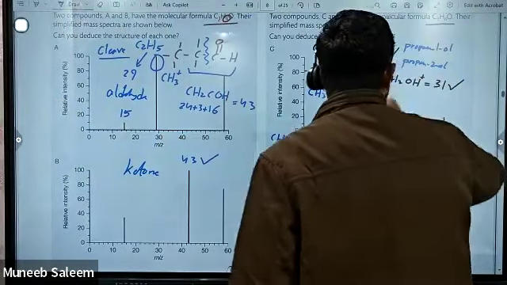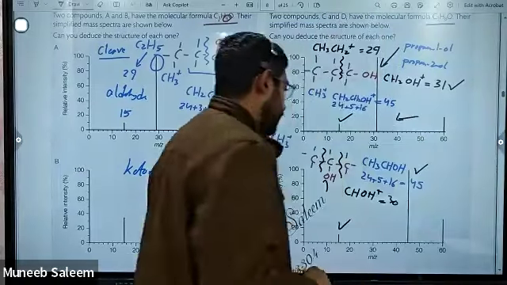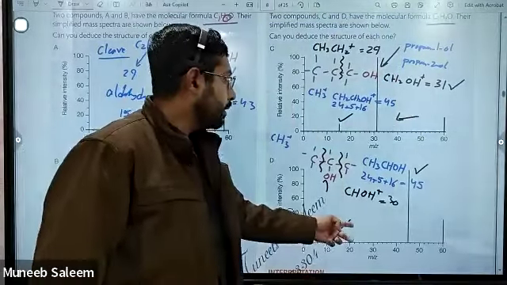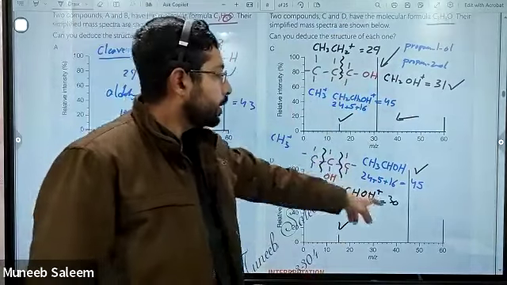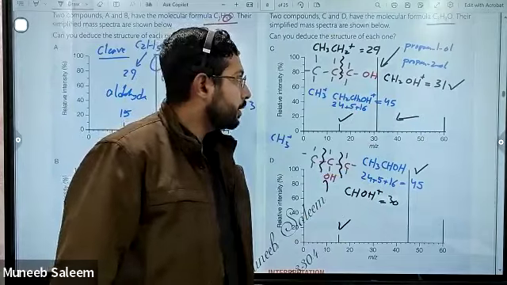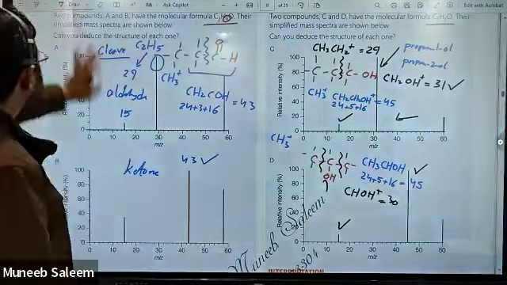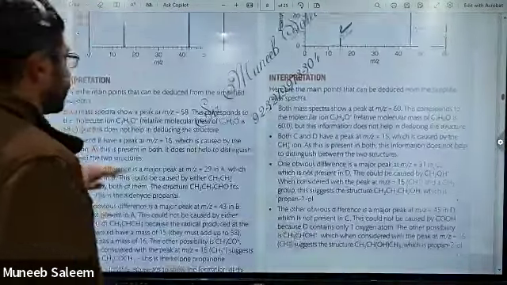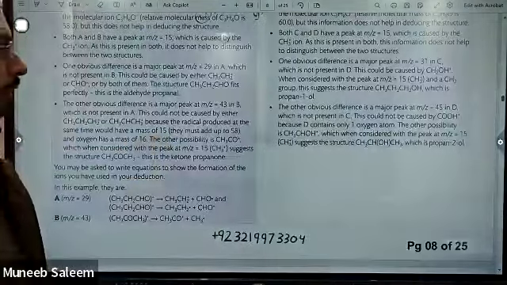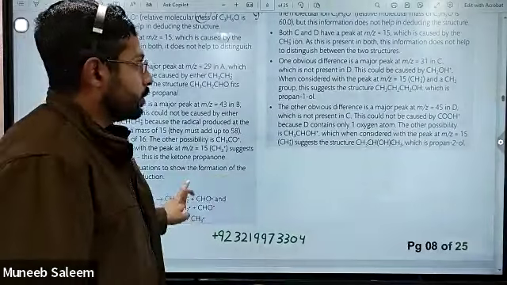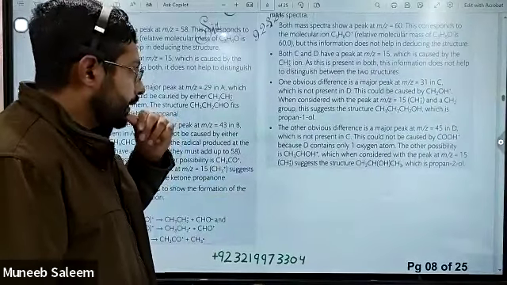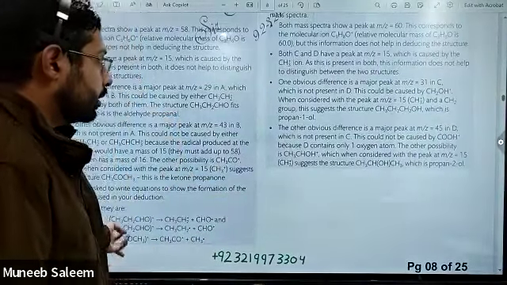And the second spectrum will definitely belong to propan-2-ol because that is not giving a peak at 31. So all of the information is provided here. You can read the passage and you will get to know how we matched the mass spectra.